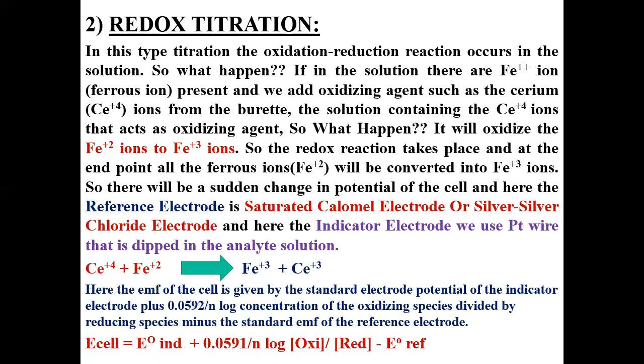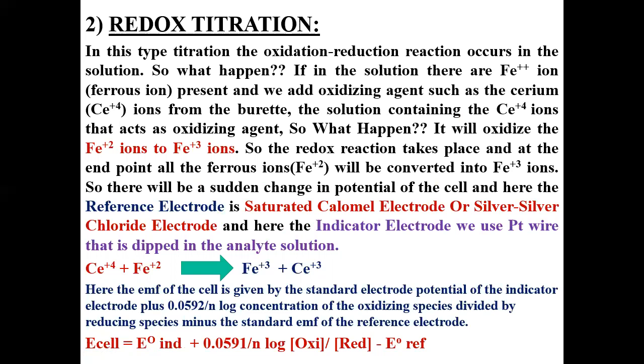The solution containing the Ce4+ ions acts as the oxidizing agent. So what happens? It will oxidize the Fe2+ ions into Fe3+ ions. It will convert ferrous ions into ferric ions.